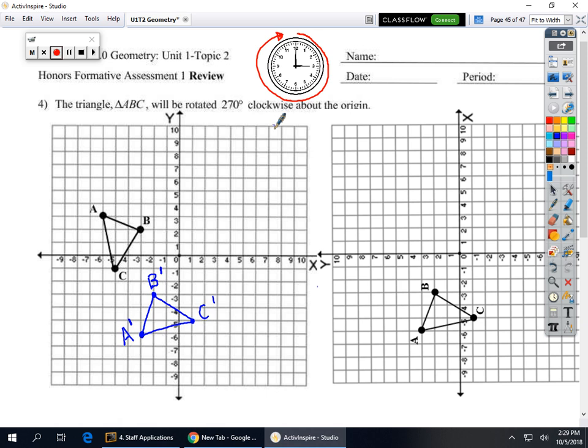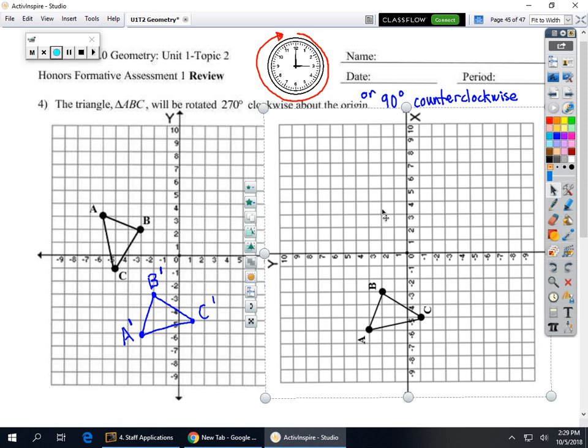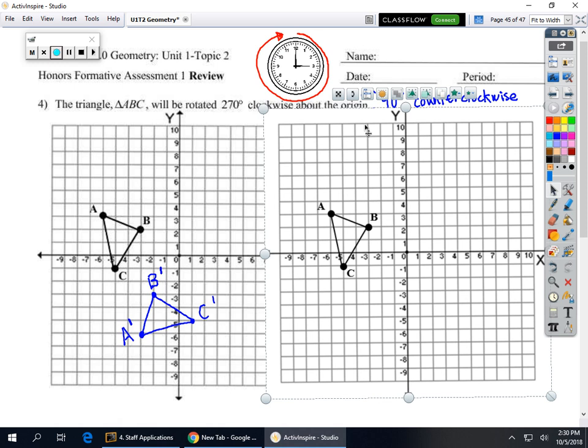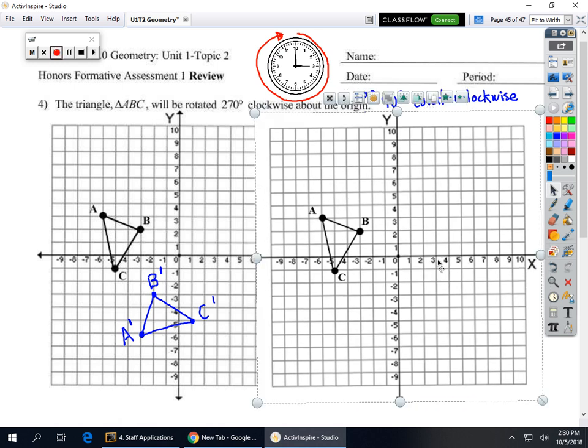You can also take a shortcut. Remember, 270 degrees clockwise is the same as 90 degrees counterclockwise. You could have gone in that direction instead. So let's actually take a look at this image upright again. This is the original image. I made a copy of the image so I can actually show the rotation.